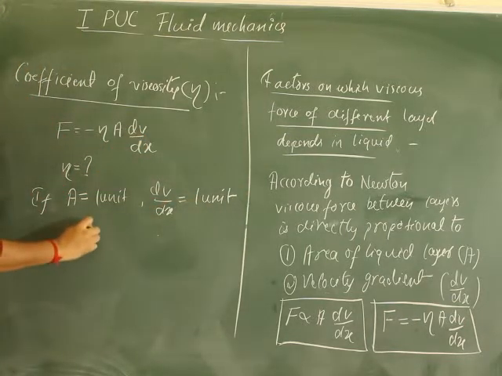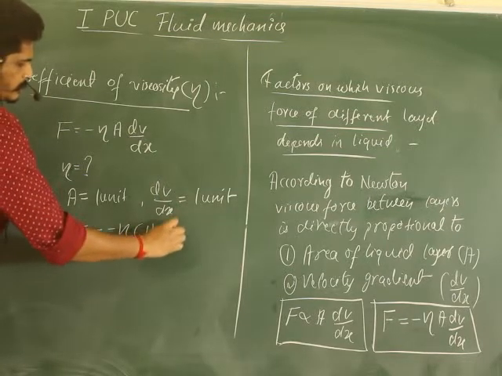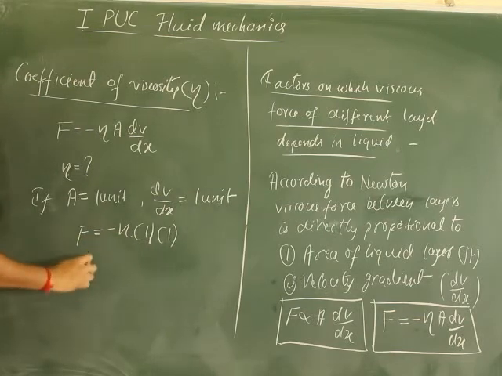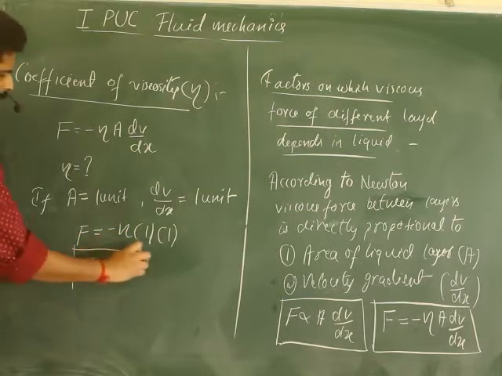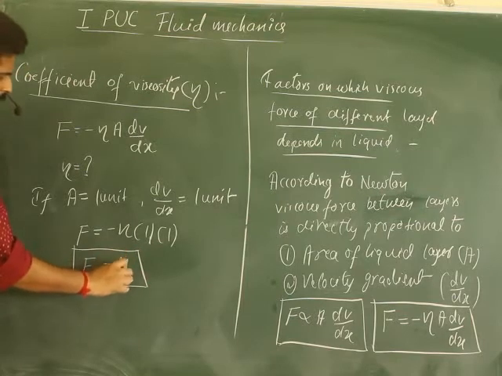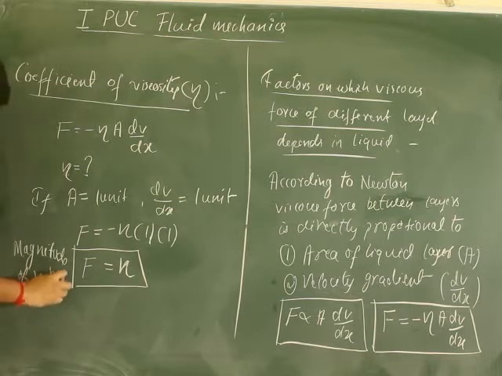Now how does it look? F equal to minus eta into 1 into 1, correct? Magnitude means we are not considering the negative sign, just the quantity. So the magnitude of the viscous force is directly proportional to the viscosity of the liquid.